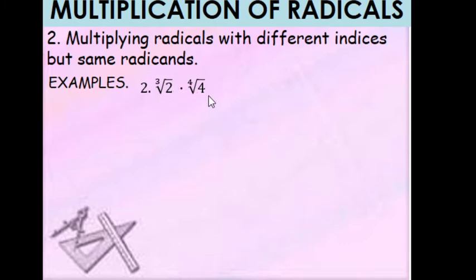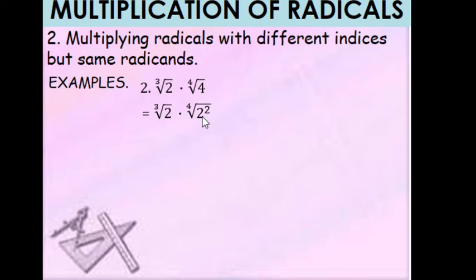Ang gagawin natin, i-express natin yung 4 into exponential form. Kasi pag in-express natin ito into exponential form, magiging magkapareho na siya ng radicand. So this will become cube root of 2 times 4th root of 2 squared. In this case, magkaiba sila ng index, pero magkapareho na sila ng radicand.